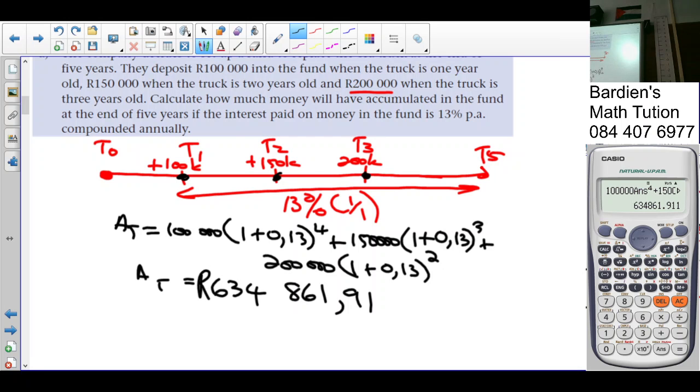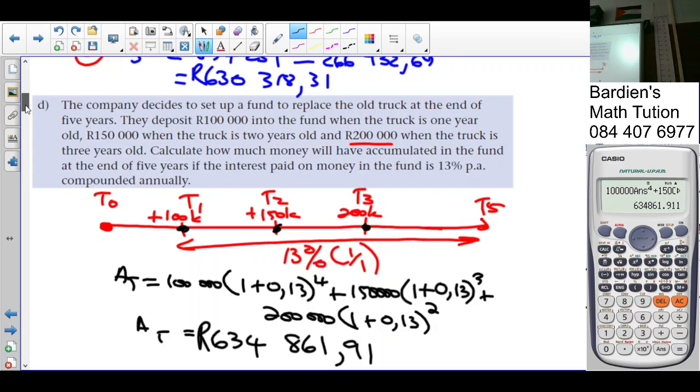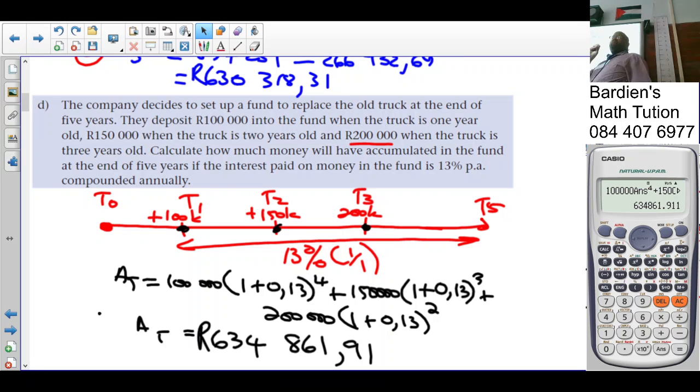So is there a shortfall or a surplus? The surplus of how much? If they ask you what is the surplus amount, it will be that minus this. So which means to say, the company has saved more than required. If it was less, it would have been a shortfall, which is less than required.